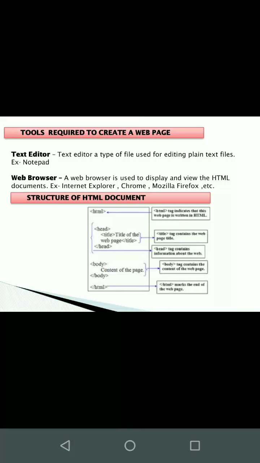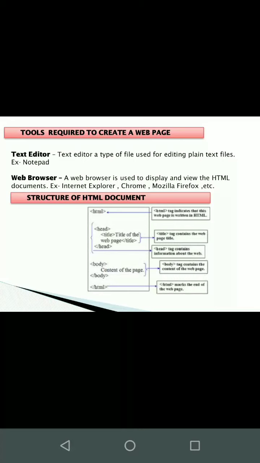So let's see the structure of an HTML document. Here you can see we have the html tag. The html tag indicates that this web page is written in HTML. Then we have the head tag, and inside the head tag we have the title tag, right?